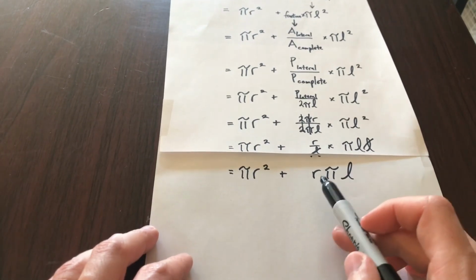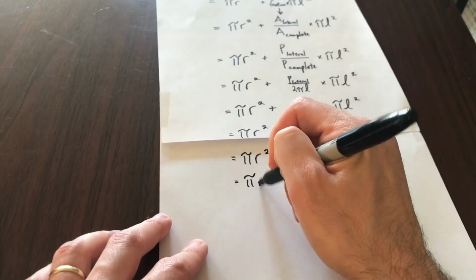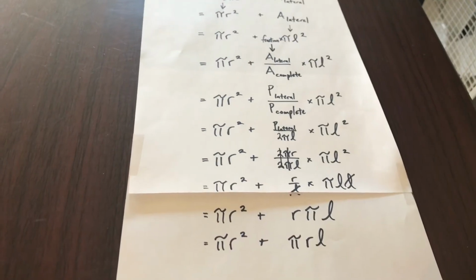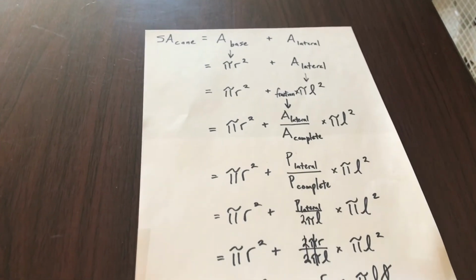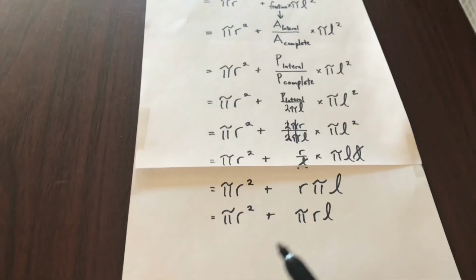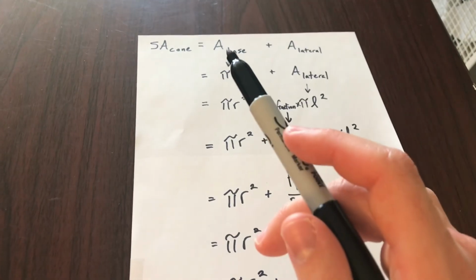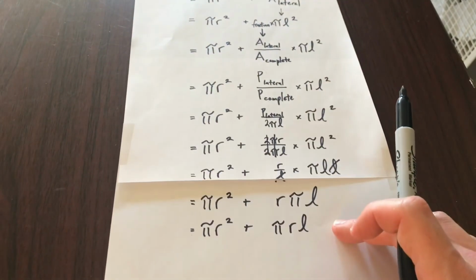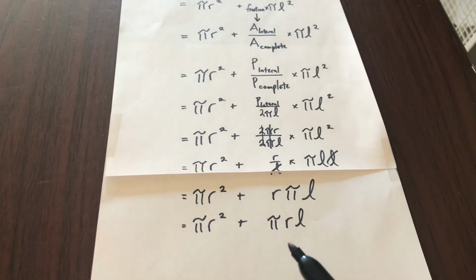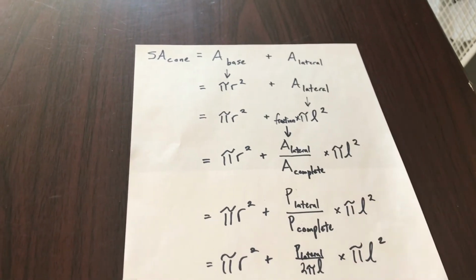And we can use the commutative property to rearrange this r and this pi. Now we can see that the surface area of a cone is equal to pi r squared, which is the area of the base, plus pi rl, which is the area of the lateral surface.